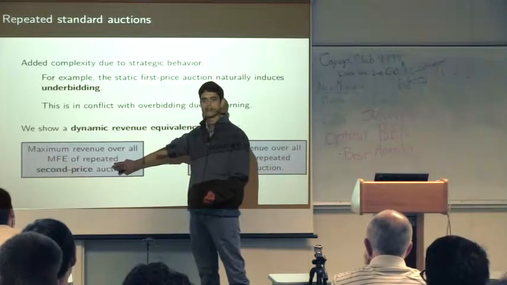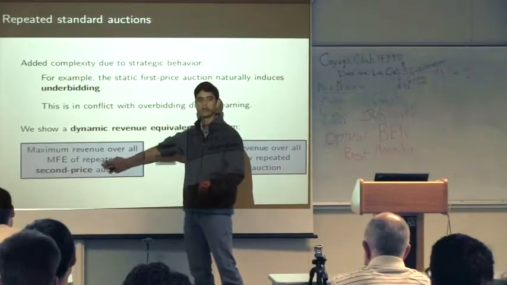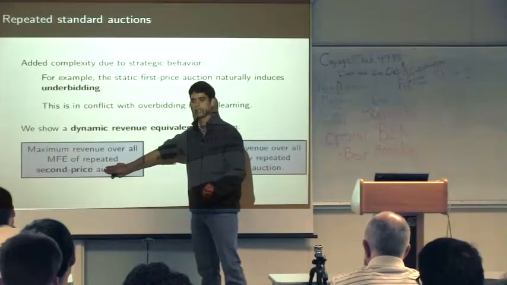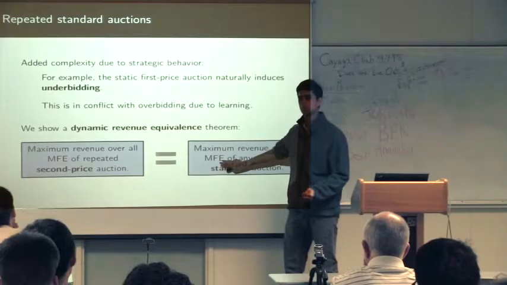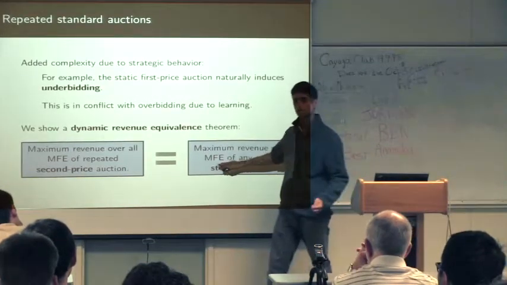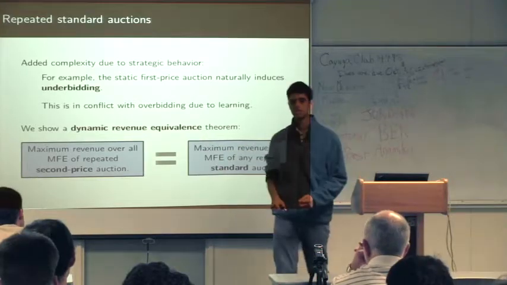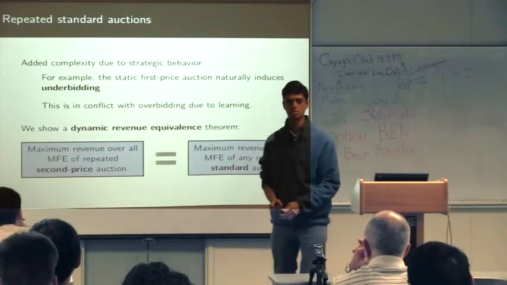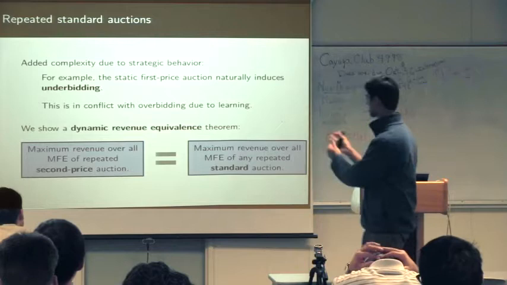So the way we make this statement is that for every mean field equilibrium of a repeated second price auction market, there is a mean field equilibrium of a repeated standard auction market that attains the same revenue, and vice versa. So it's a stronger statement than what I actually presented here.